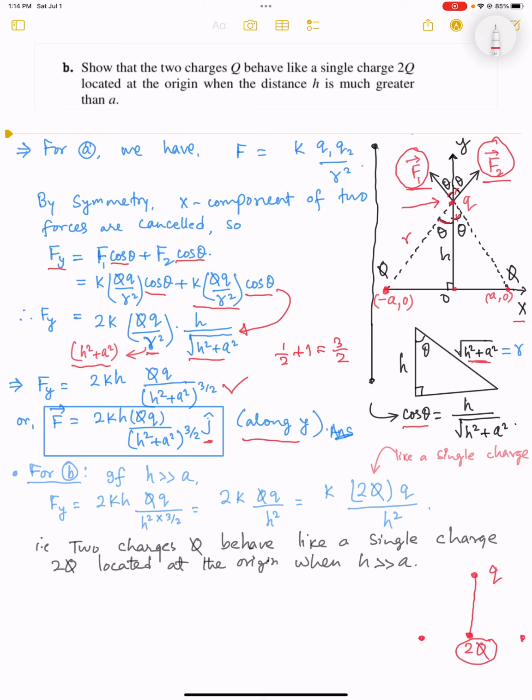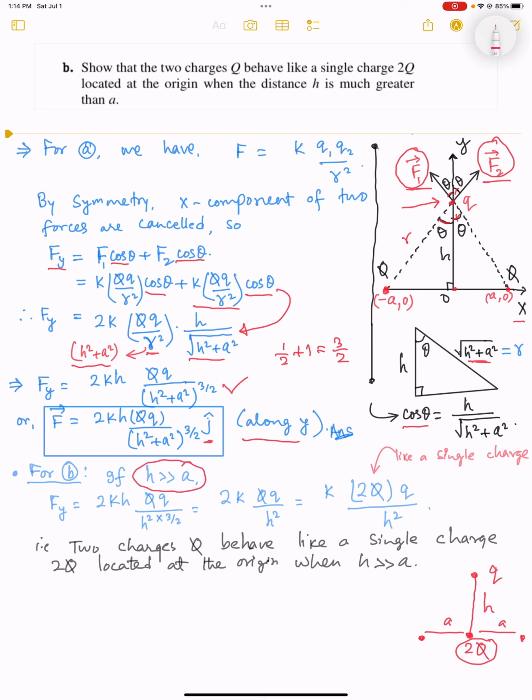So if h is very, very large compared to a, so this distance has to be much greater than these two distances a. Okay, so that's the condition. It's kind of easy.